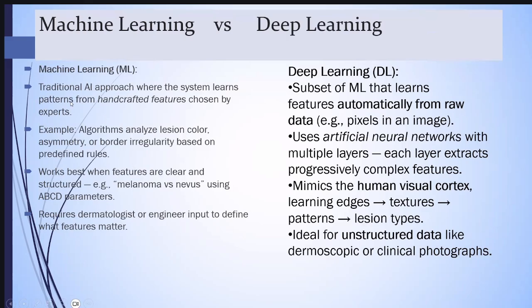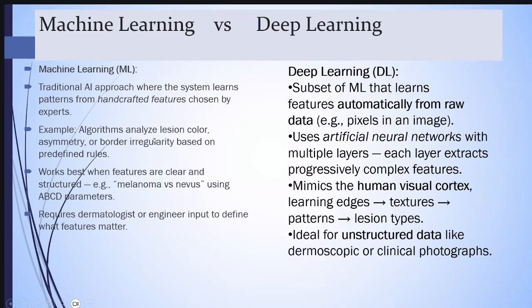So machine learning, it's a traditional AI approach where the system learns patterns from handcrafted features chosen by experts. So I'm going to tell you, see, this is a U loop, this is a screw pattern, this is a thin vessel, this is a brush like blood vessel. I am going to give you some inputs based on these images, and those will be compiled, and so many experts will be there, everybody will give their inputs, and that has to be stored and processed.